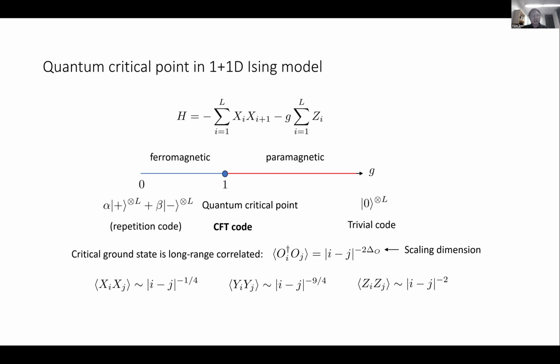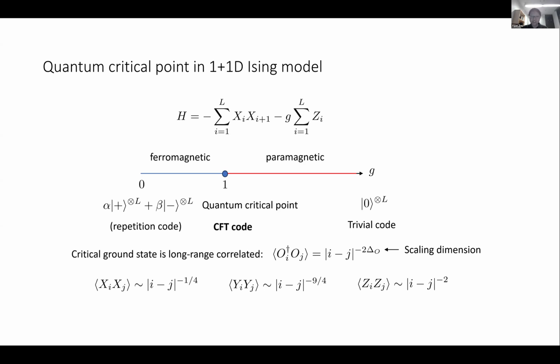On the other hand, if you have g equal to 0, then you have a degenerate ground state subspace, which is given by alpha times plus to the L plus beta times minus to the L, because this x operator only demands all the spins to be pointing in the same direction in the x basis. So there are two possibilities: either they are pointing to plus or they are pointing to minus.